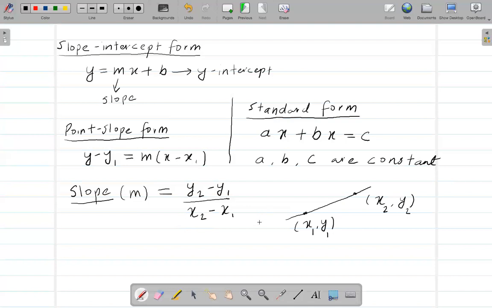Now let's do some examples. We are going to use all of these forms in the examples I'm going to show now.